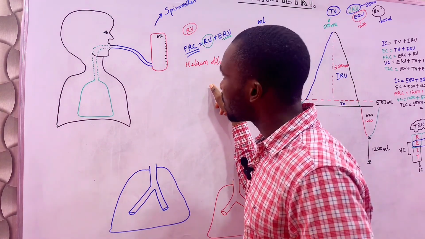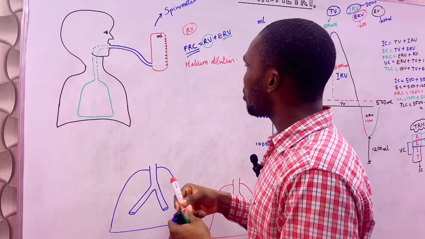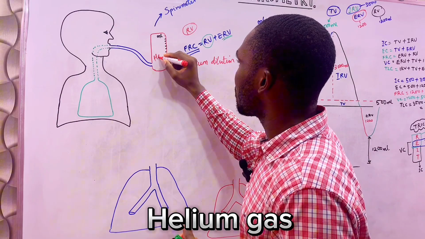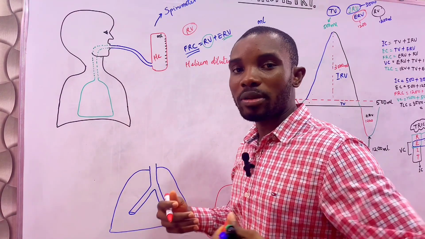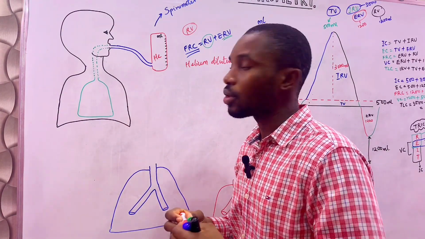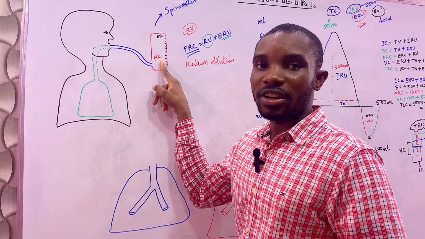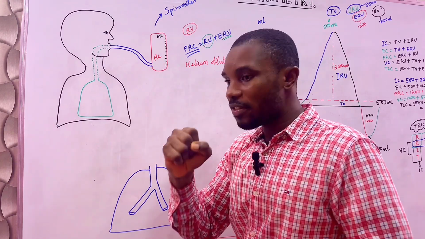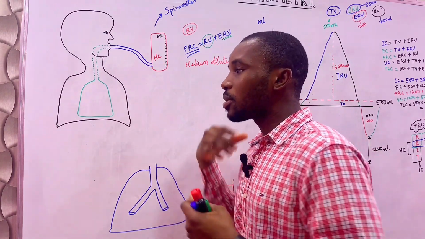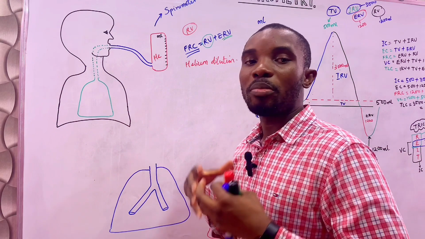In the helium dilution method, they basically put helium gas inside here. Helium gas cannot be absorbed by the capillaries of the lungs, and whatever is breathed in can be breathed out into this device, right? So the person puts this device in his or her mouth and keeps on breathing in and breathing out a number of times.